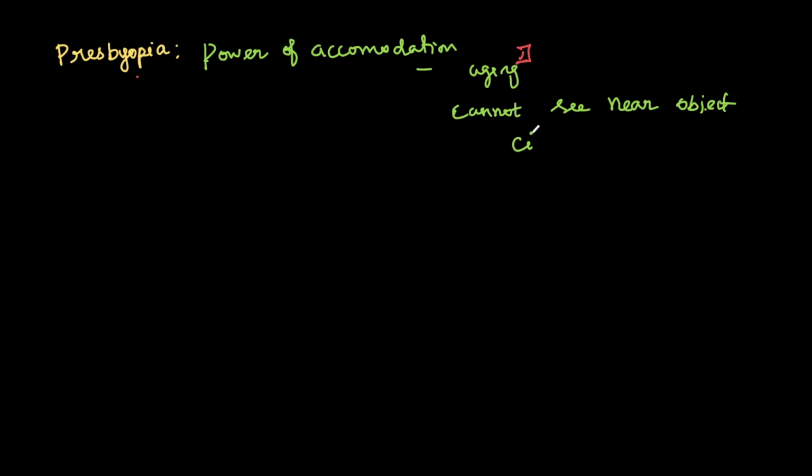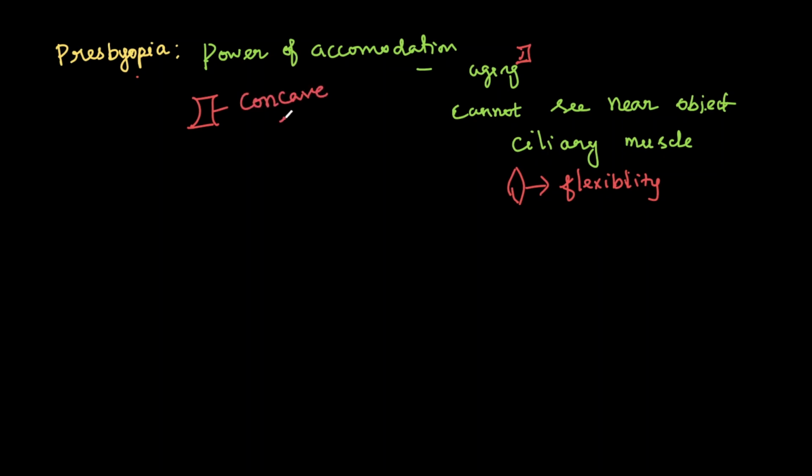Actually, the ciliary muscles weaken due to age. The ciliary muscles lose their capacity, or the flexibility of the eye lens is affected, so the eye lens is not able to adjust itself. In that case there will be presbyopia. This defect can be corrected by using a concave lens, which is a corrective, diverging lens.